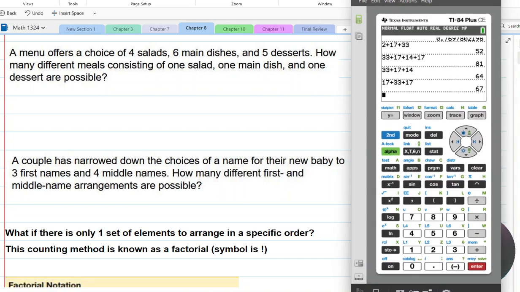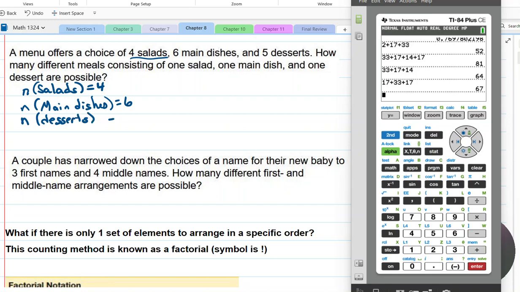So let's look now at an example. Here we go. A menu offers a choice of 4 salads, 6 main dishes, 5 desserts. How many different meals consisting of 1 salad, 1 main dish, and 1 dessert are possible?